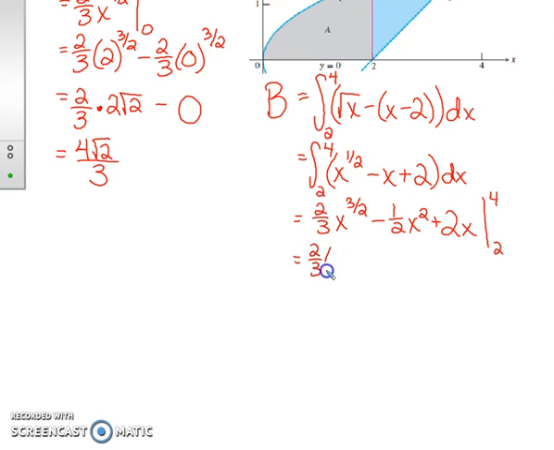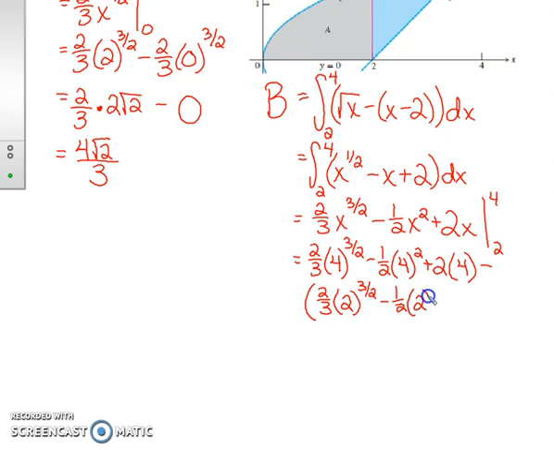So that would be 2/3 4 to the 3/2 minus 1/2 4 squared plus 2 times 4, minus 2/3 2 to the 3/2 minus 1/2 times 2 squared plus 2 times 2. Okay, so again, 4 to the 3/2, you do the root first, so the square root of 4 is 2, 2 cubed is 8, 8 times 2/3 is 16/3, then minus 4 squared is 16 times 1/2 is 8, and then plus 8, and then minus the next piece.